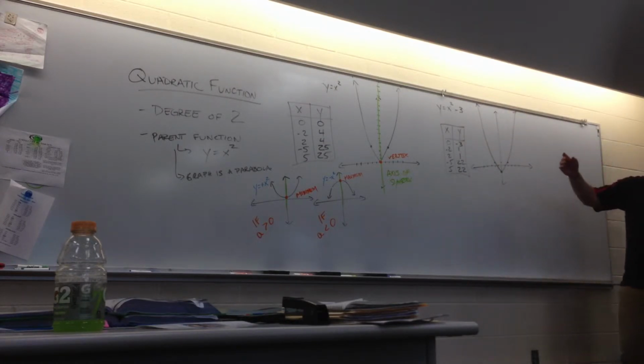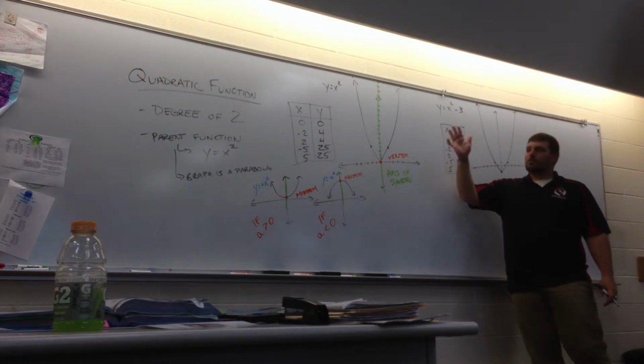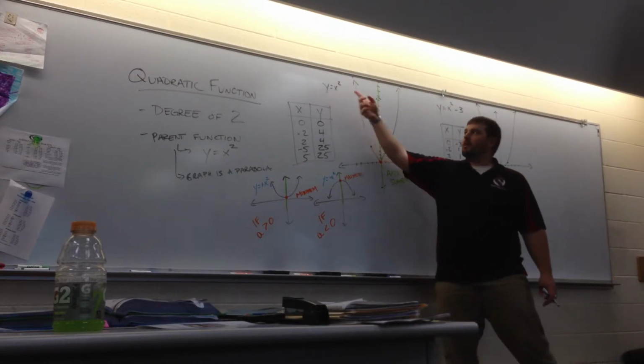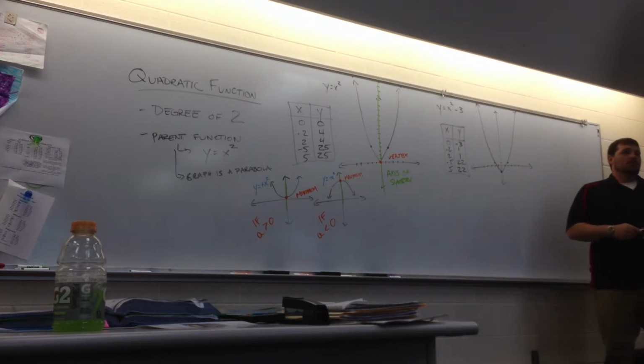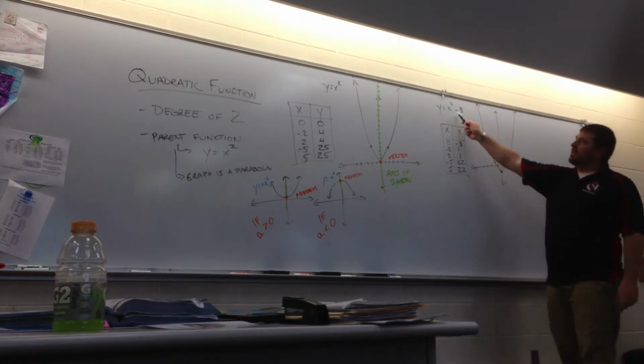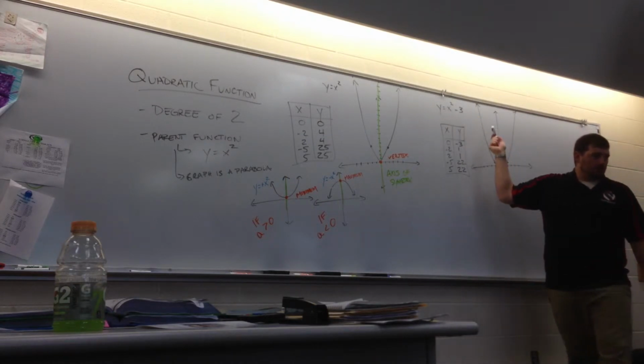Okay? So what do you notice about this new graph compared to this graph and their respective functions? It just shifted down. It shifted down 3. And that's because we put a minus 3 on the end.